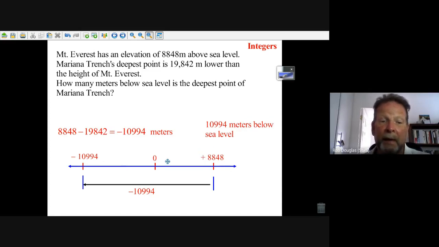But if you look at it on a number line, here's Mount Everest way up to the right on the number line, 8,848 to the right of zero. There's sea level.